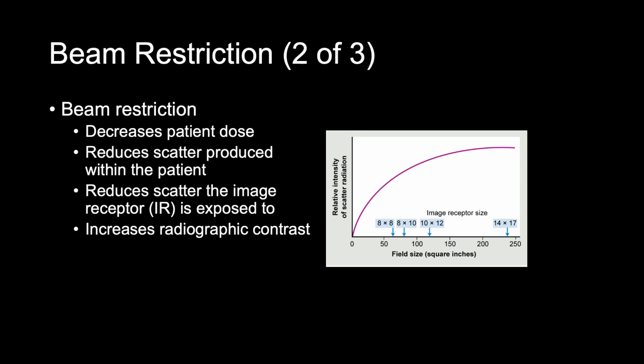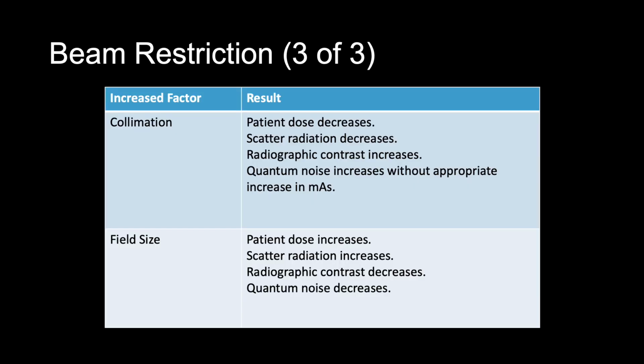The larger your field size, more scatter radiation. The smaller your field size, less scatter radiation. Because collimation decreases the X-ray beam field size, there is less scatter radiation produced within the patient, and then also less scatter radiation is going to reach the IR.